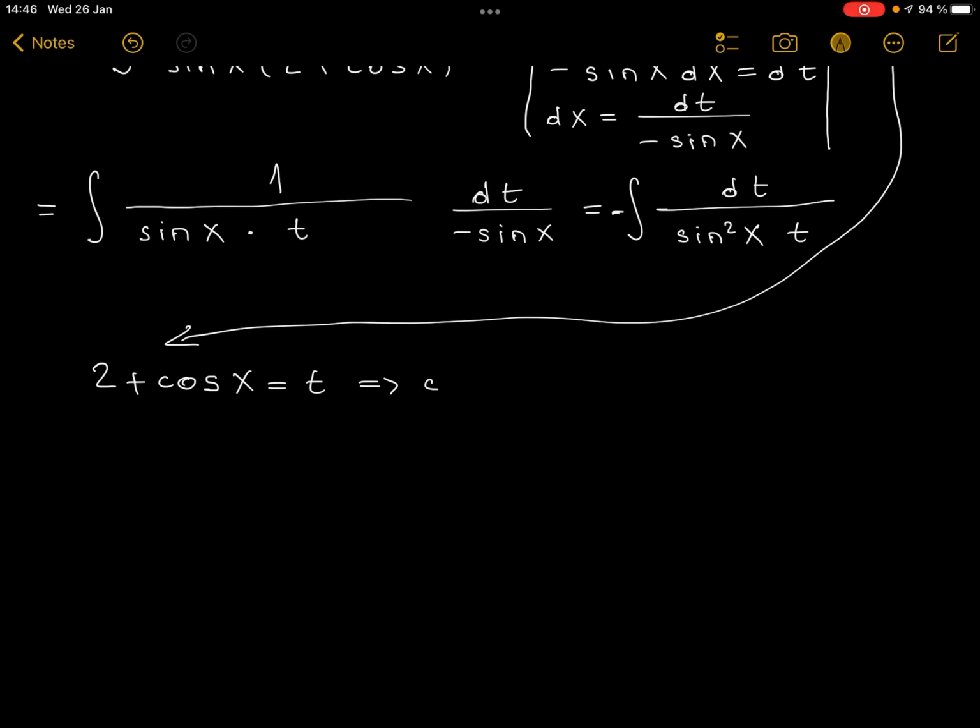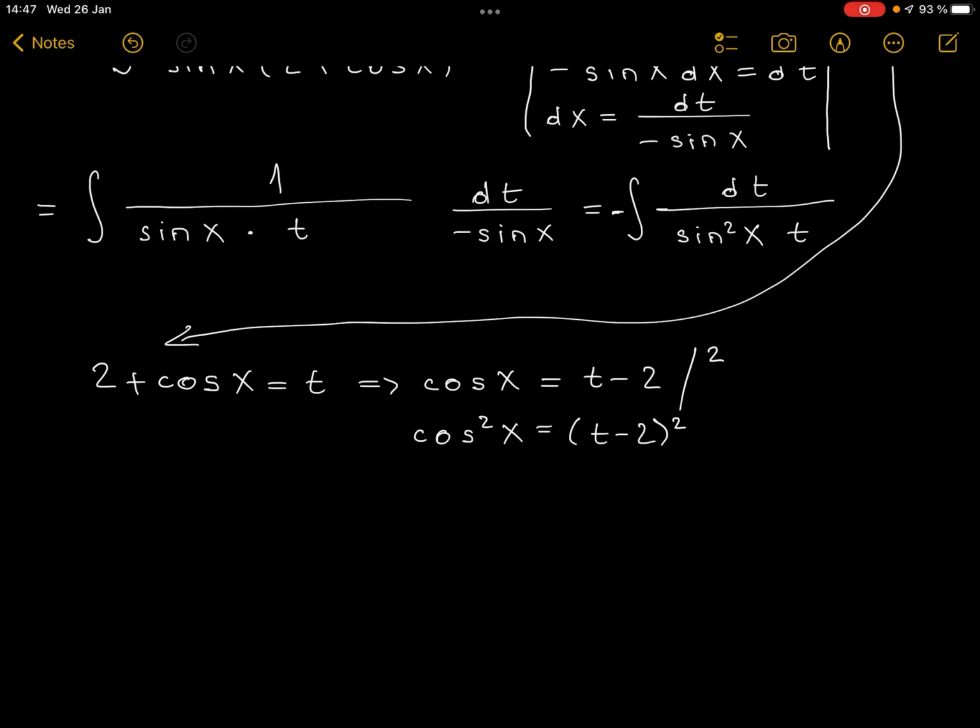Therefore, cosine x is equal to t minus 2, or in other words, cosine squared x is equal to t minus 2 squared.